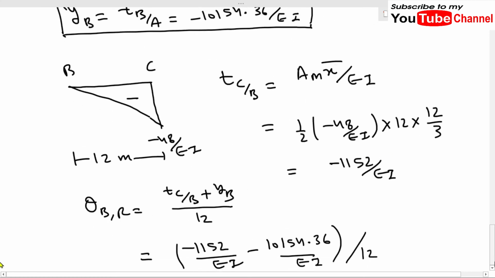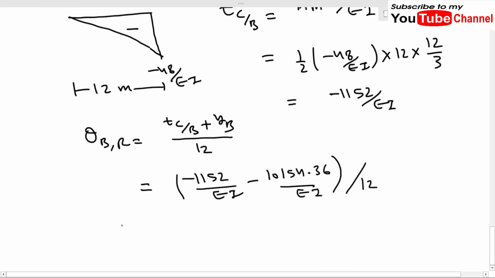After calculating, this theta B right will come out to be about minus 942.19 by EI.